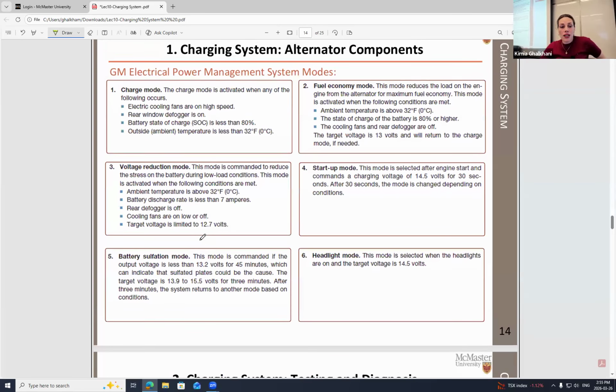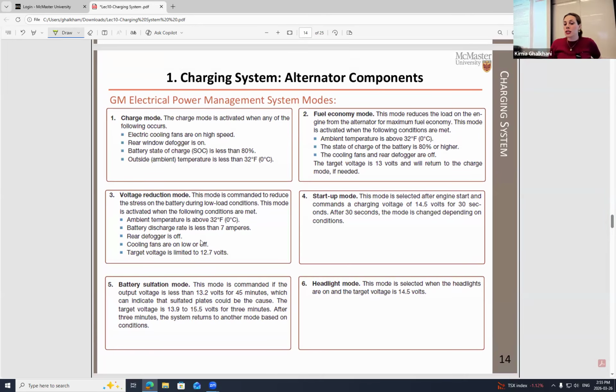Another thing that I have as an example, I leave the detail of this part for you to study, but I'm going to touch on it in here. You can see this is the GM electrical power management system modes, because companies may have a different standard for themselves. For GM, they have charge mode, voltage reduction mode, battery sulfation mode, fuel economy mode, startup mode, and headlight mode.